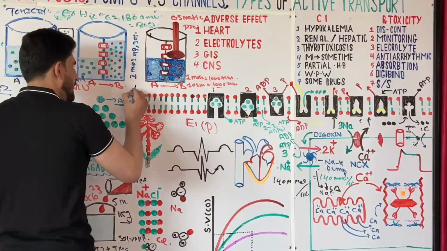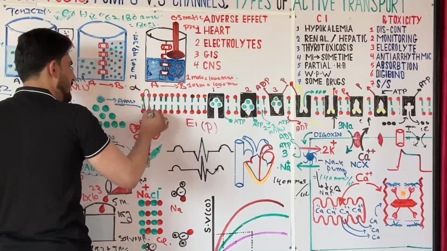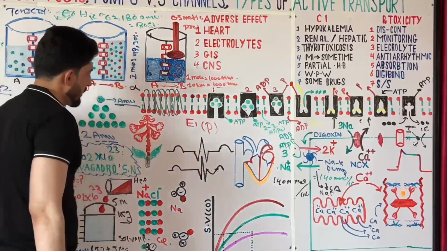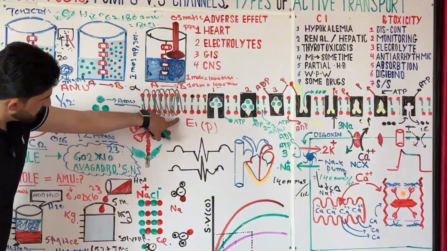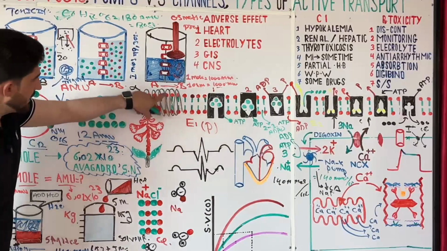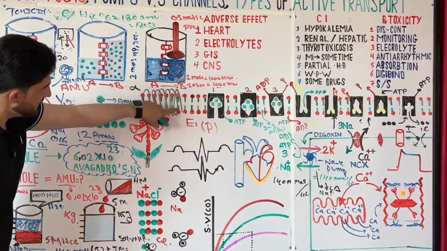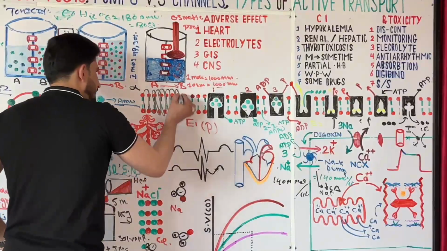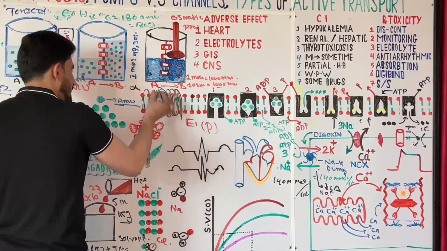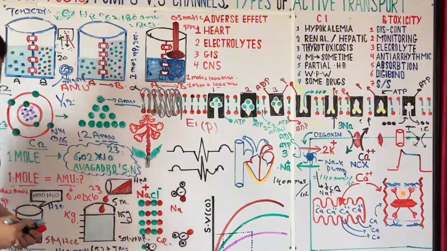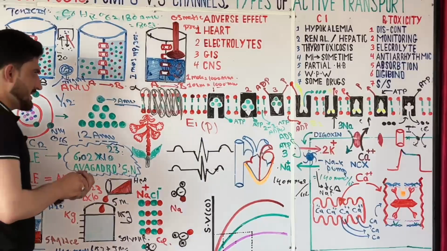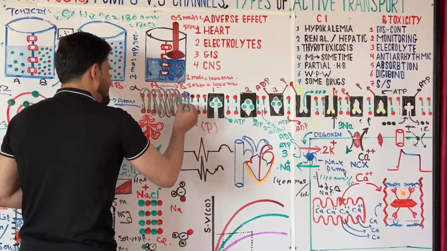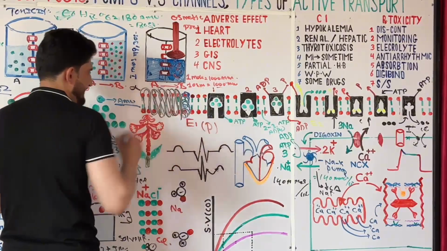It's made of an alpha domain, and this alpha domain is a 10 times transmembrane protein. It passes the cell membrane 10 times. So that's a 10 time transmembrane protein. And also it consists of a beta part which helps this alpha part to be stable.